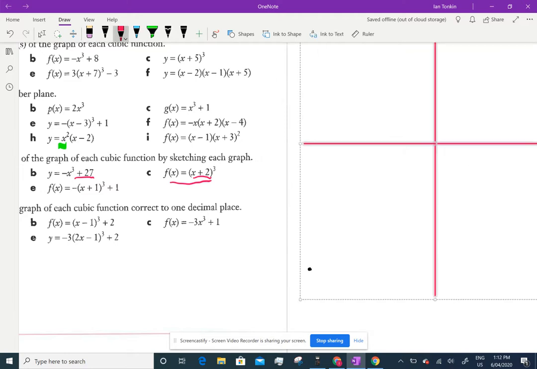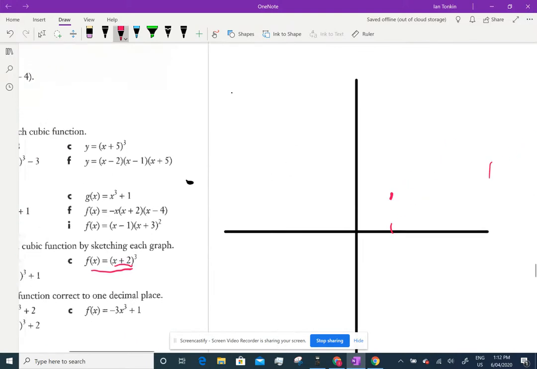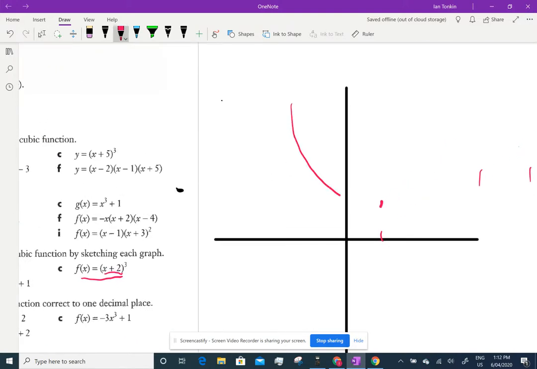And it's moved 1 to the right and 1 up. So it's just done something like this, and it's negative. It's negative, so it's coming down. Now, they're not asking you to sketch it or to find the intercepts, but the point of inflection is 1, 1.